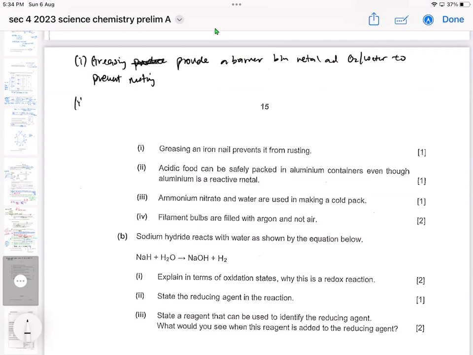Okay, number 2, why can it be placed in aluminum containers? Because aluminum has a layer of aluminum oxide.